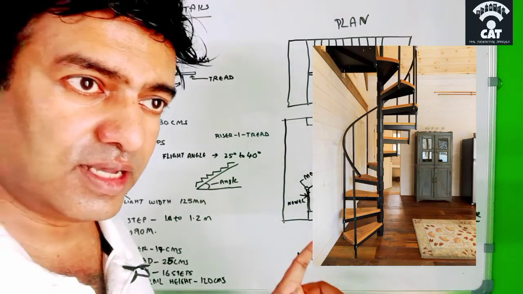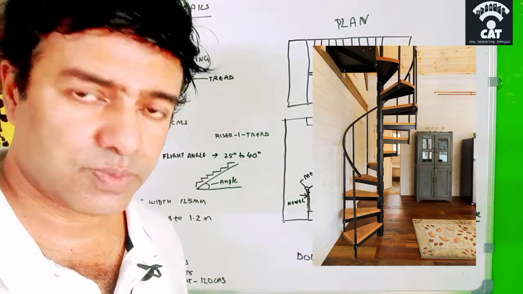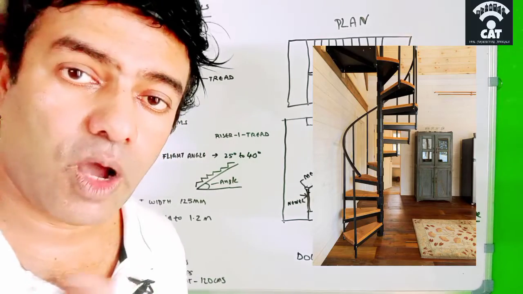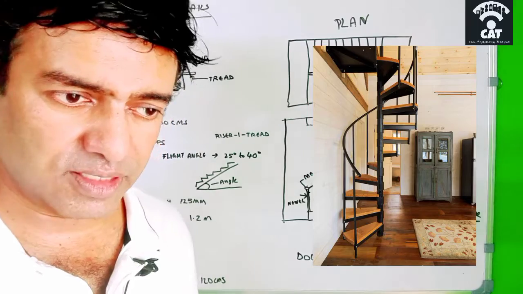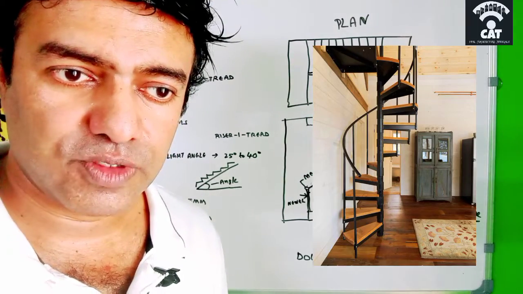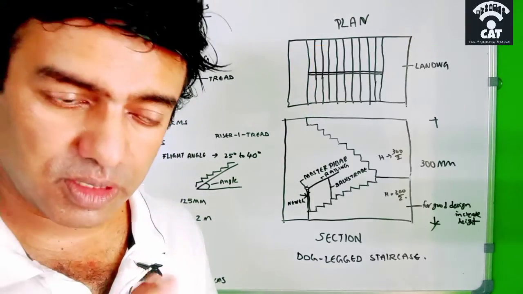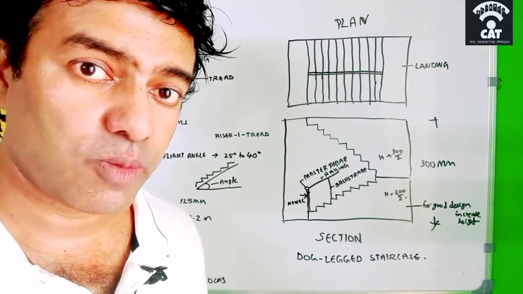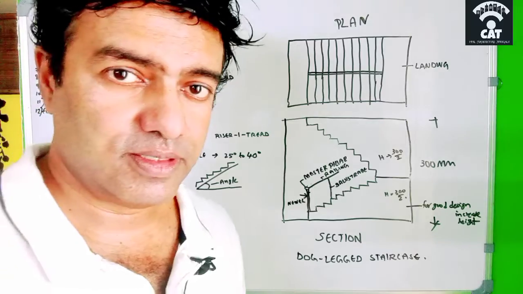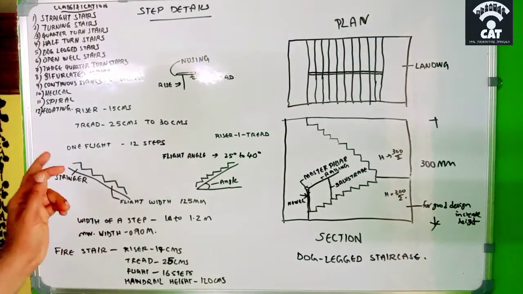You might see that in some special buildings or small areas where we don't have enough space to provide a stair, so we go for a spiral staircase. And the code says that the total diameter of the spiral staircase should not be less than 1.5 meter. The next one is floating stairs.